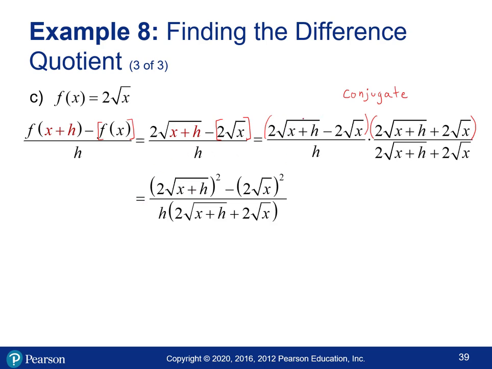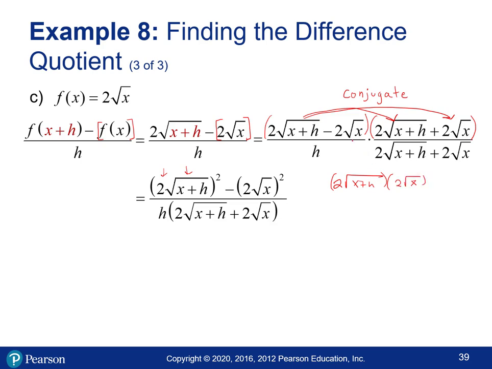So watch this. We're going to FOIL, so we're going to say first times first. That's this part here: 2 times square root of x plus h, quantity squared. And then outer times outer is going to be 2 times square root x plus h times 2 square root x.